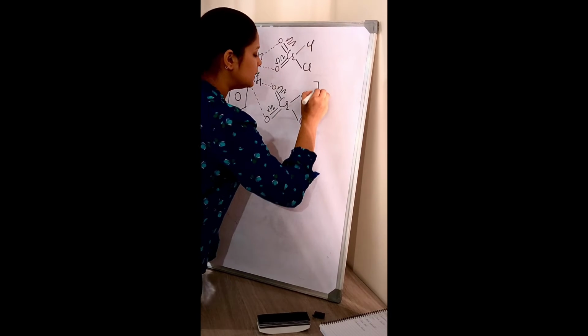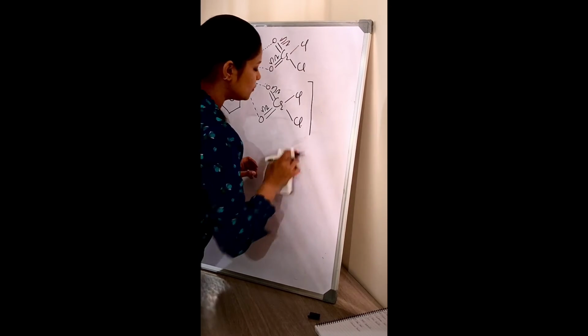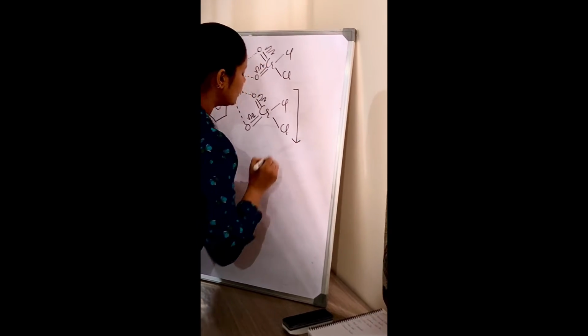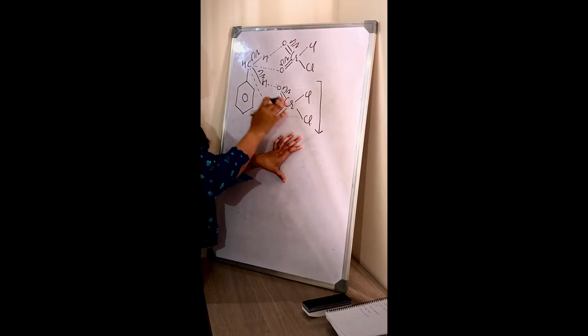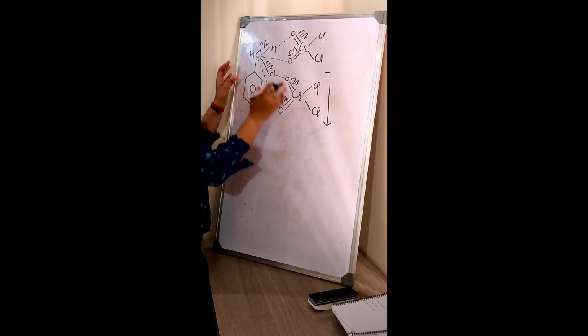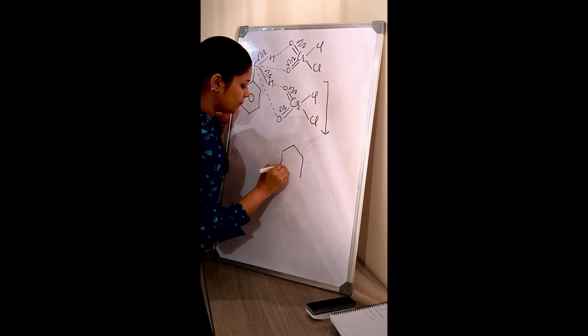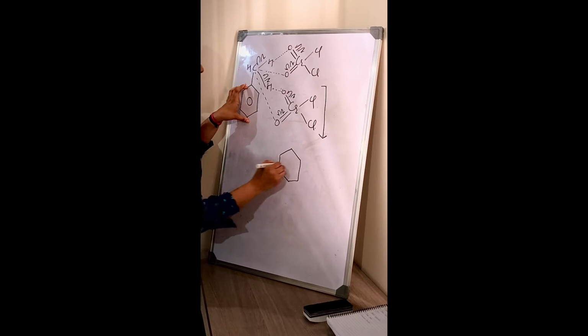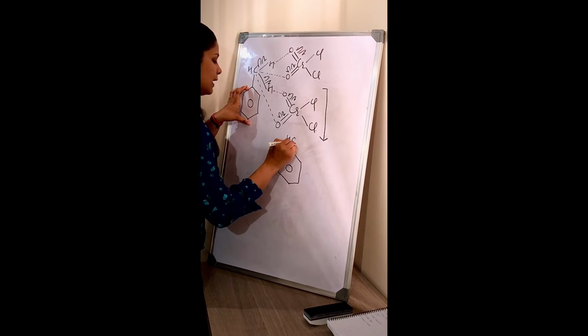Now see the whole structure. We draw the brown color unstable compound. First we take this compound and this carbon and this hydrogen.